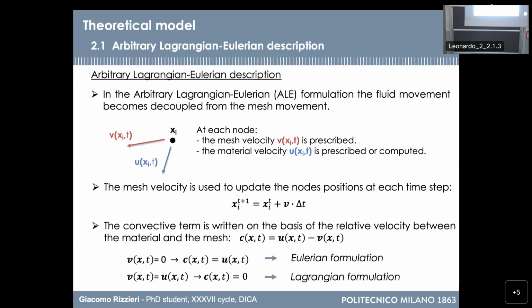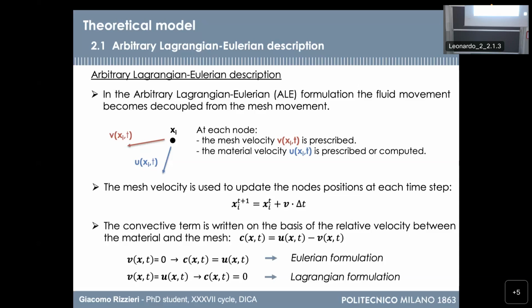But for the moment, let's just recap what the ALE formulation is. Basically, we assume that at every point, we can decouple the mesh velocity from the material velocity. In this way, we obtain a general framework which includes the Eulerian formulation and Lagrangian formulation as subcases.